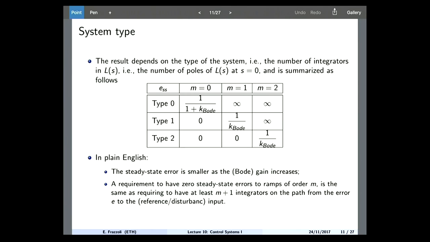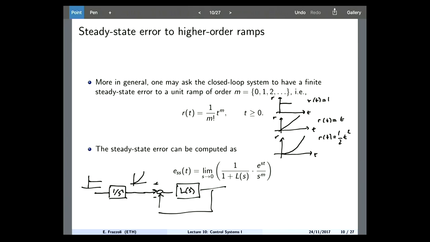If you want to have a finite error to a unit ramp, the value of this limit really depends on the number of integrators that you have here.